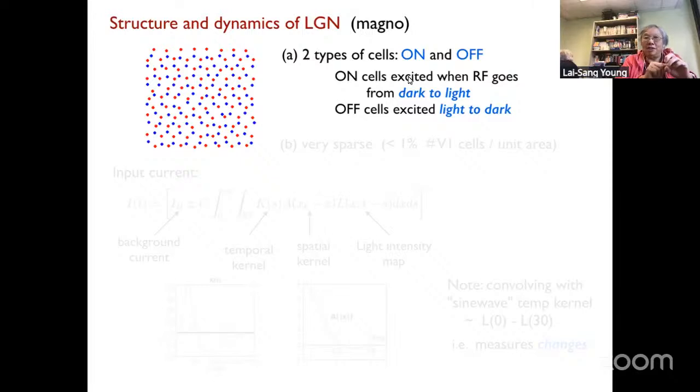An on cell gets excited when, in this little area that it sees, it changes from dark to light. Off cells are excited when it goes from light to dark. So basically they sense changes in luminance. The two kinds of cells are sensitive to two kinds of changes. I will show that to you more precisely in a moment.